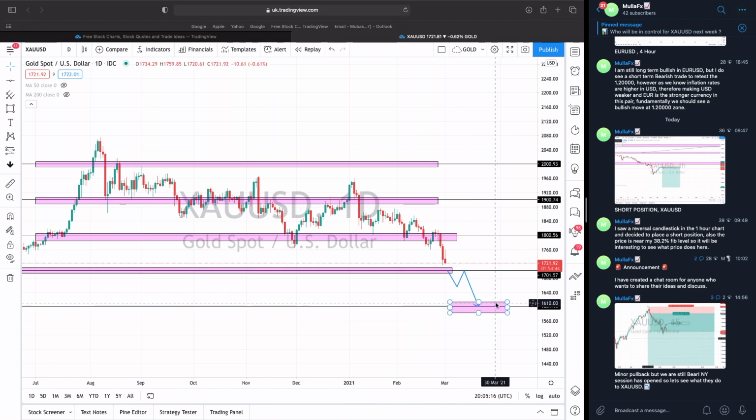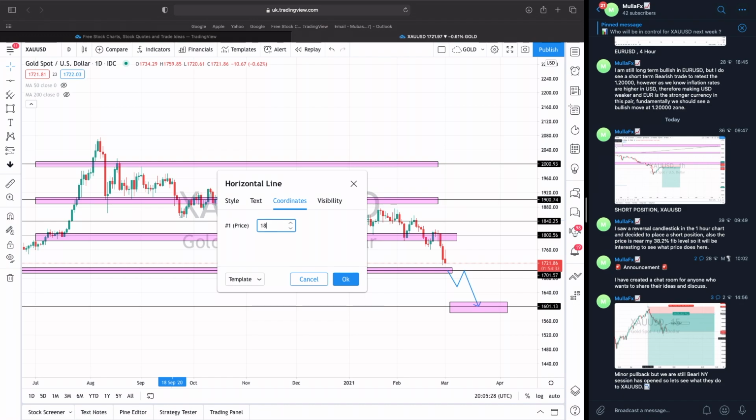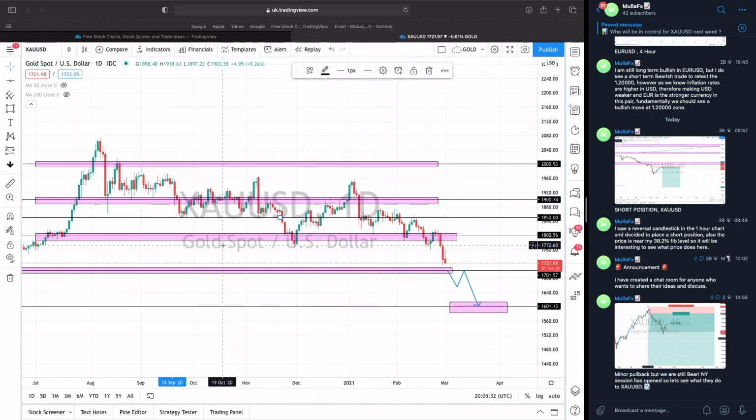So in conclusion, make sure that your levels are round numbers. It can be 1850 if you want. Look, if I put it at 1850, you can see that price is rejected here, so I will go from 1850 to 1800, and you're still catching the pips and still understanding how price works.